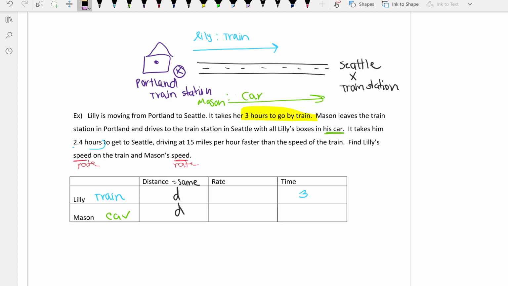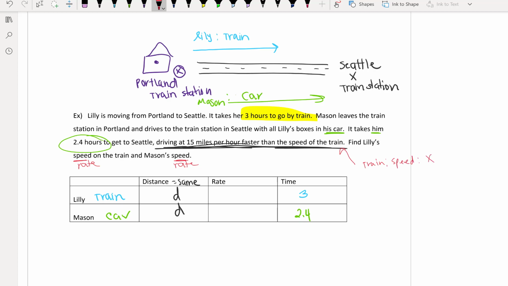And I'm going to change the color on there because I'm getting too color happy, since I am talking about him being Mason. So it takes him 2.4 hours to get to Seattle. Now, this is a really important sentence. It says, driving at 15 miles per hour faster than the speed of the train. So here the train, I don't know the speed.